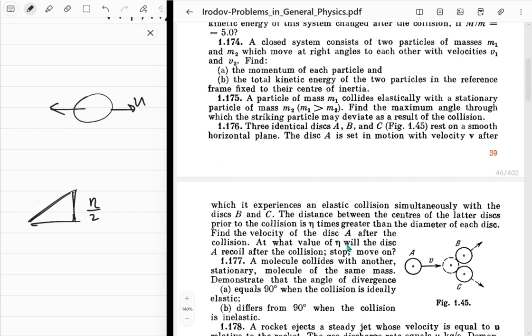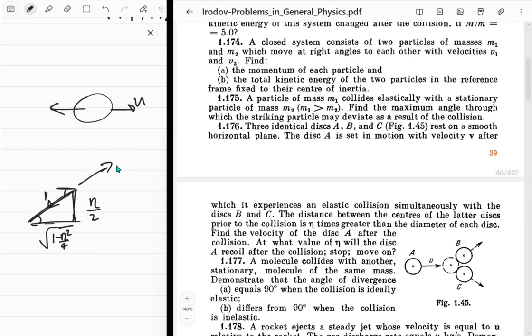If the diameter was 1, it would be eta upon 2. What we are looking for is, if disc B imparts momentum like that, it's going to be like this on A. We just want its horizontal component, so the cosine of this angle, which is the same as that angle. The cosine of that angle is complicated. It's going to be the square root of 1 minus eta squared upon 4.